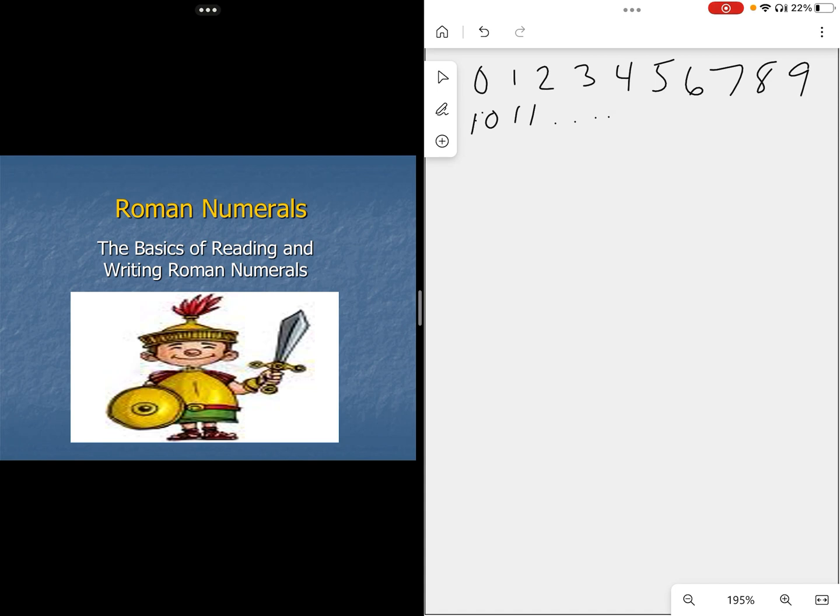And by the time you get to the Renaissance, another 400 years after that, in the 1400s, short form Roman numerals is the only one that you're seeing. Those are the ones we use today. And that's what I want to go over with you. I want to basically go over how to read basic Roman numerals today.